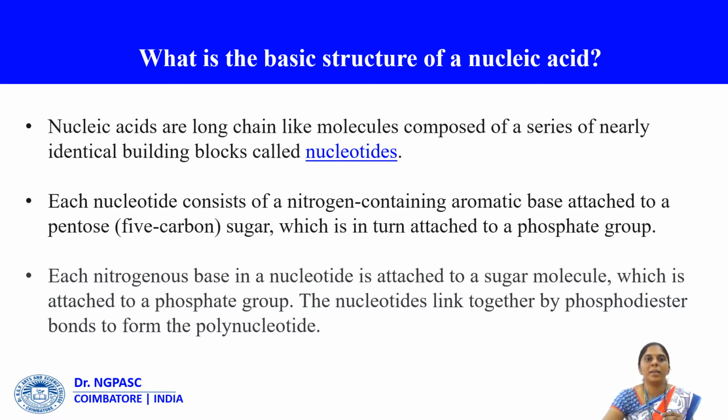So nucleic acids are long chain molecules composed of mostly identical blocks, which are called nucleotides. A nucleotide basically contains a nitrogen containing aromatic base, then a pentose 5-carbon sugar which is attached to a phosphate group.